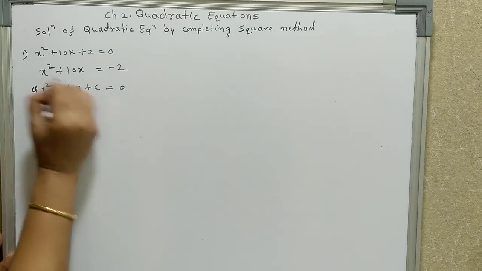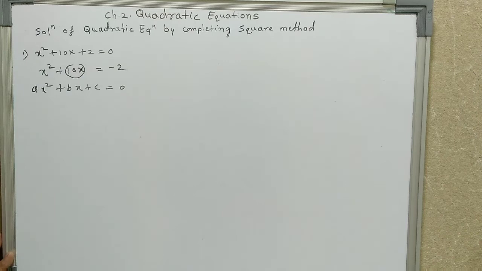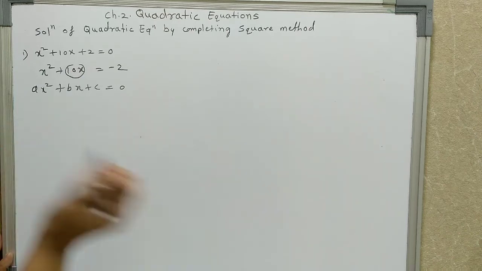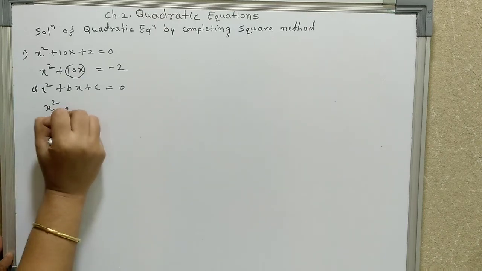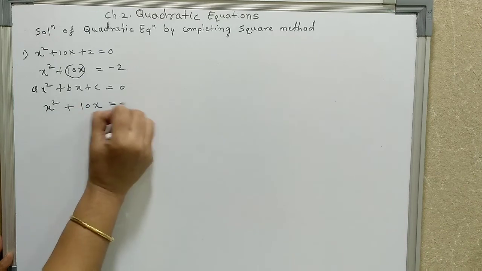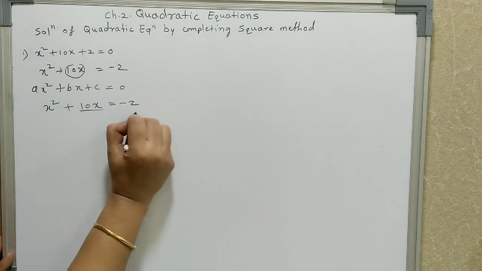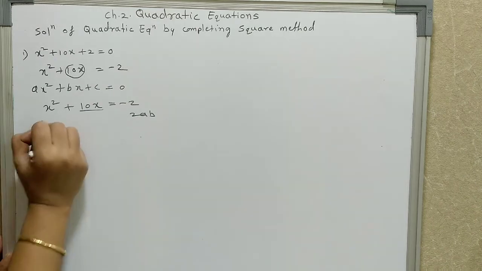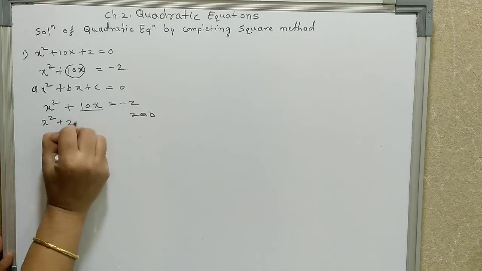Now this term 10x we convert into 2ab. So x² + 10x = -2 becomes x² + 2 × x × 5 = -2.